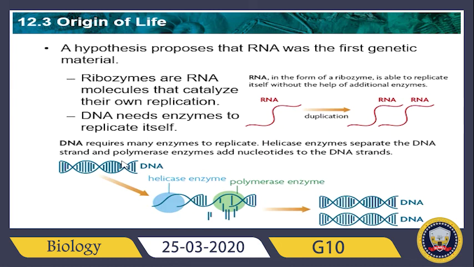So we can see that RNA can perform more functions than DNA, but RNA doesn't catalyze chemical reactions as well as proteins do, nor does it store genetic information as well as DNA does. So over time, RNA may have become less important for these functions.